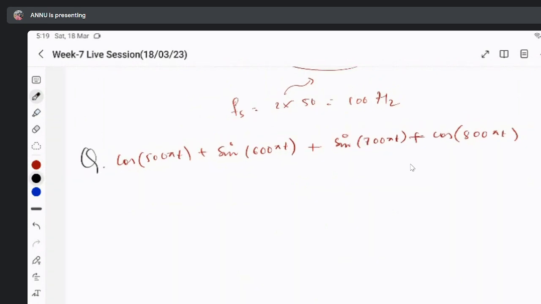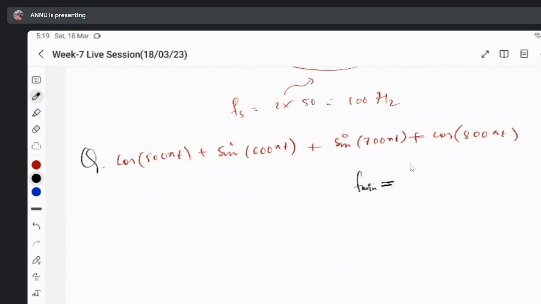For example, the highest is 400 in the cos 800 pi t. So 400 is highest. Lowest is 250. So 500 minus 250, that is the bandwidth.